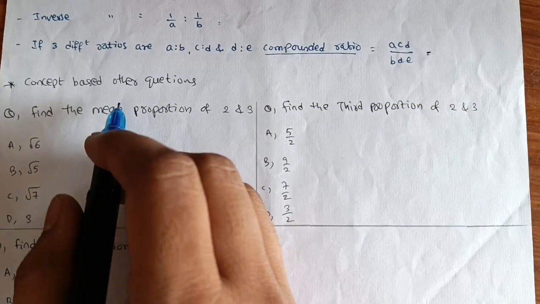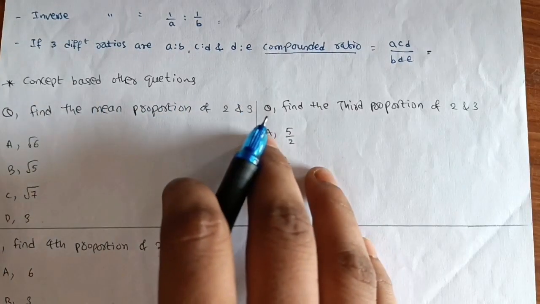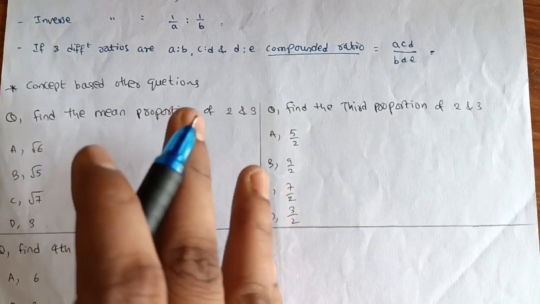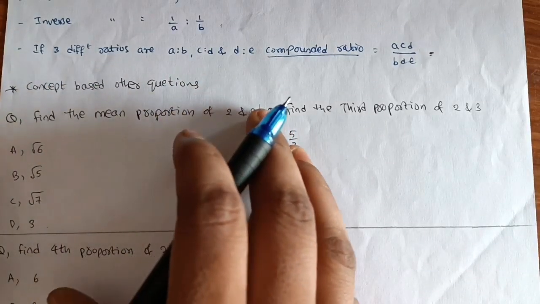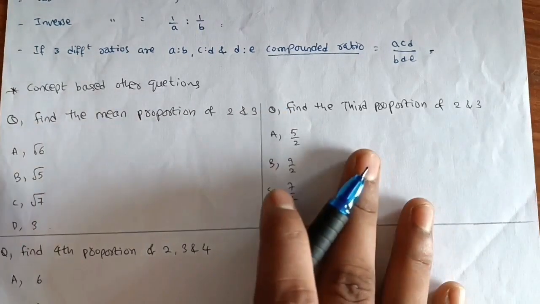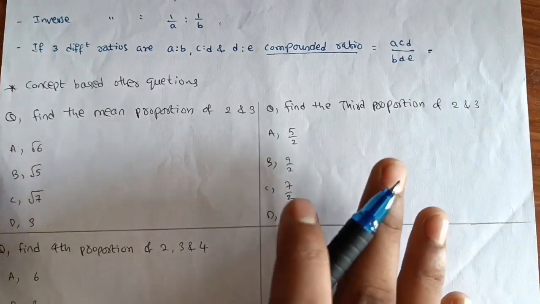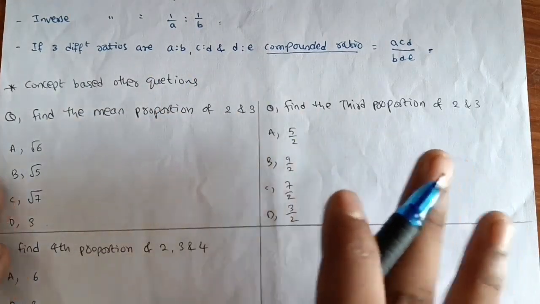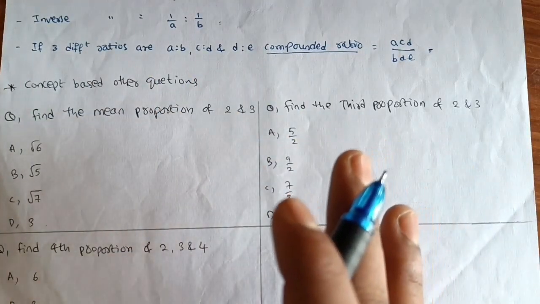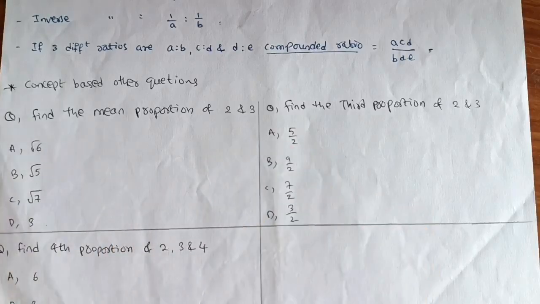Let us see some other concept questions also. This concept question will get repeated sometimes, so the question may be directly from the concept. In this video I am just explaining all the concept-related questions. In the further video we are going to see the logical questions.